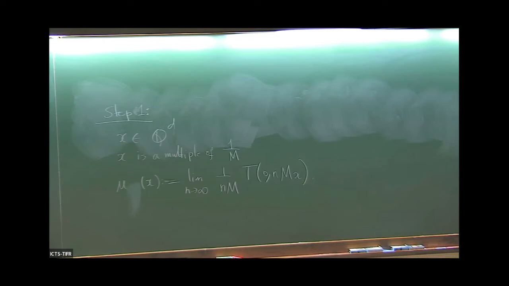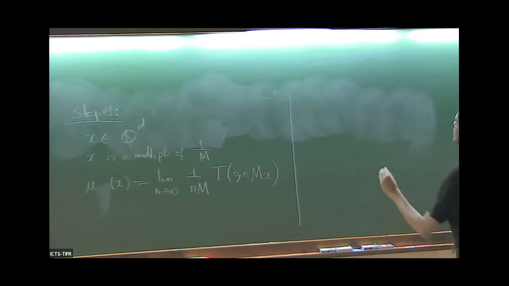It's well defined; the definition does not depend on the choice of m. In particular, because each x in Q^d will have such an m, we can define this mu of x for all points in Q^d.